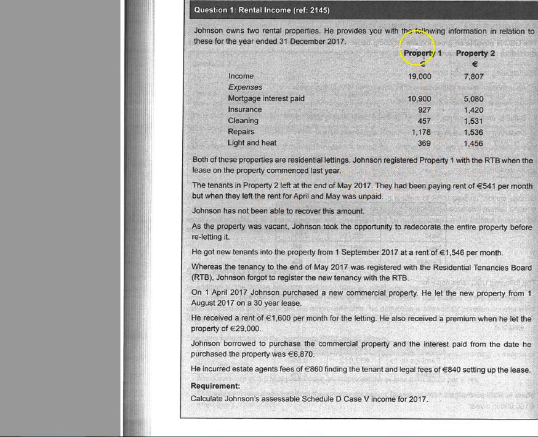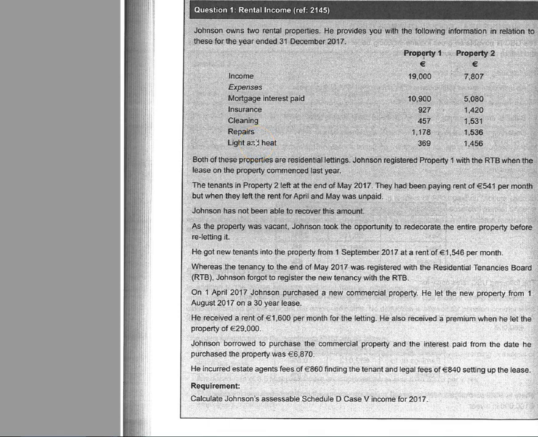So the details on property 1 are income 19,000, and then we've got our expenses. And he registered property 1 with the RTB, so this expense 10,900 will be reduced down to 80% of that figure. And the other expenses look fine: insurance, cleaning, repairs, light and heat.